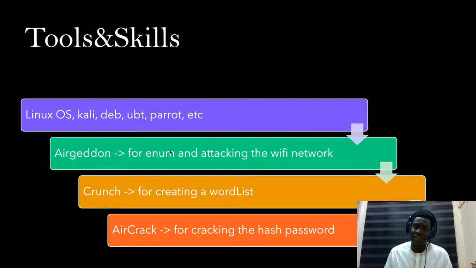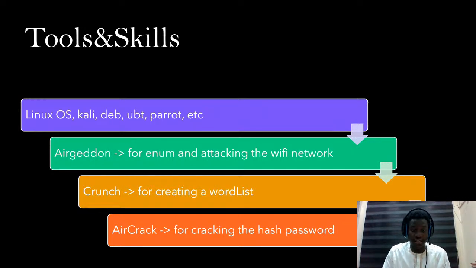The next thing you need to follow along in this class is Airgeddon, for enumerating and attacking the Wi-Fi network. Then there are word lists.